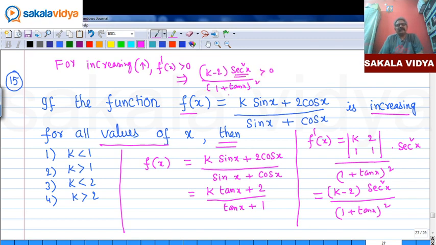Secant square x is positive, this is also positive. So obviously k minus 2 will be greater than 0. So k is greater than 2. So that means the fourth option is the right option.